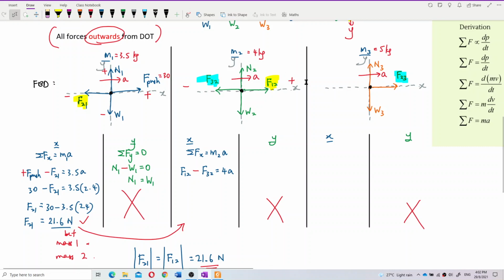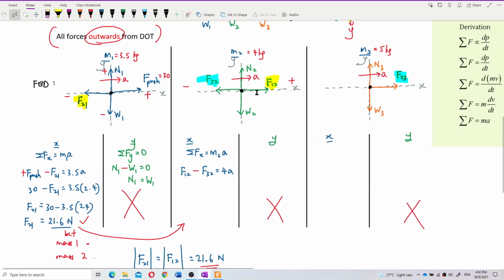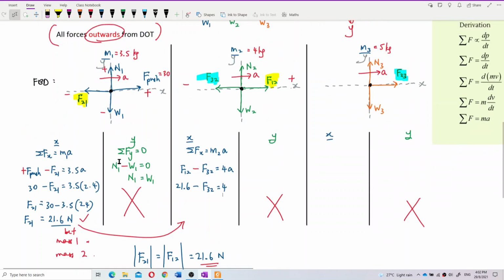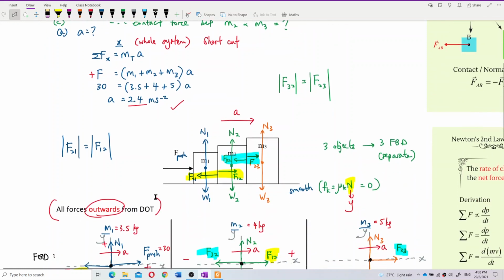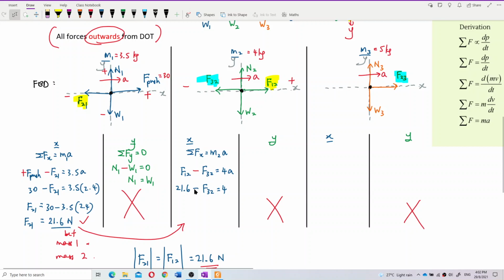Now we can find it. F12 just now we got 21.6, isn't it? So we can substitute over here 21.6 minus F32. Acceleration we also have, acceleration is 2.4.